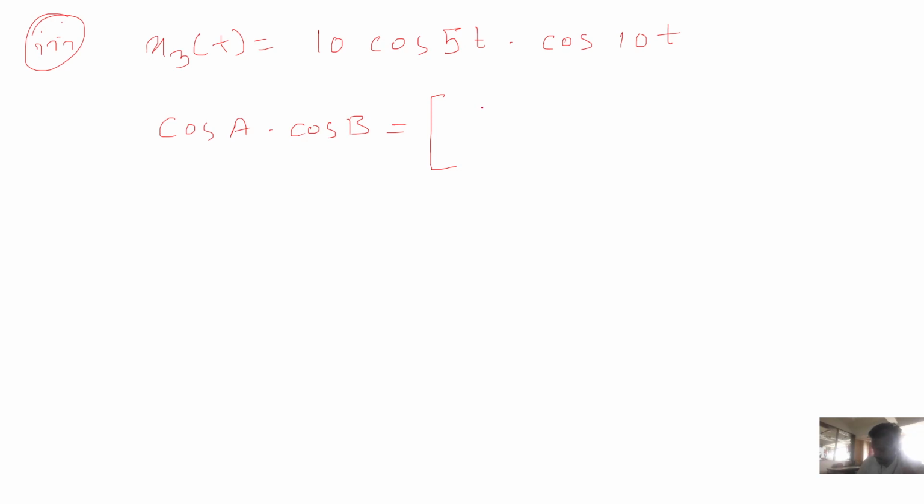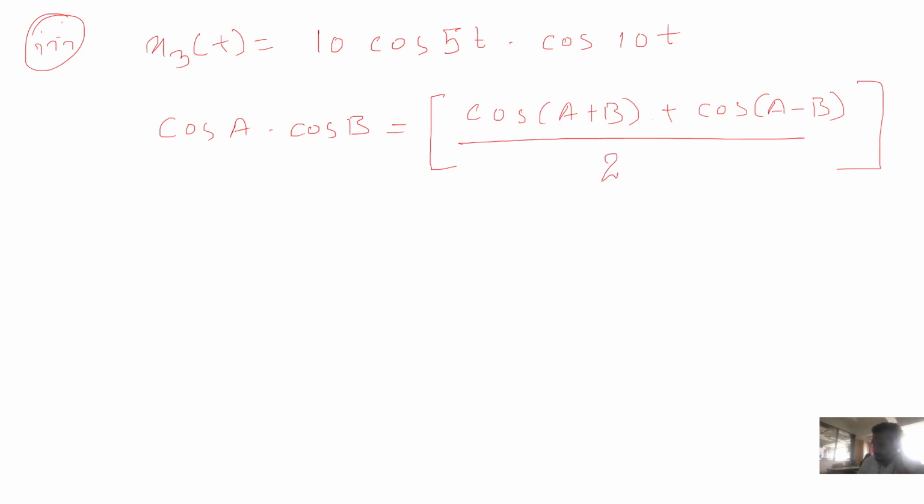Cos A plus B plus cos A minus B, divided by 2. This is important.